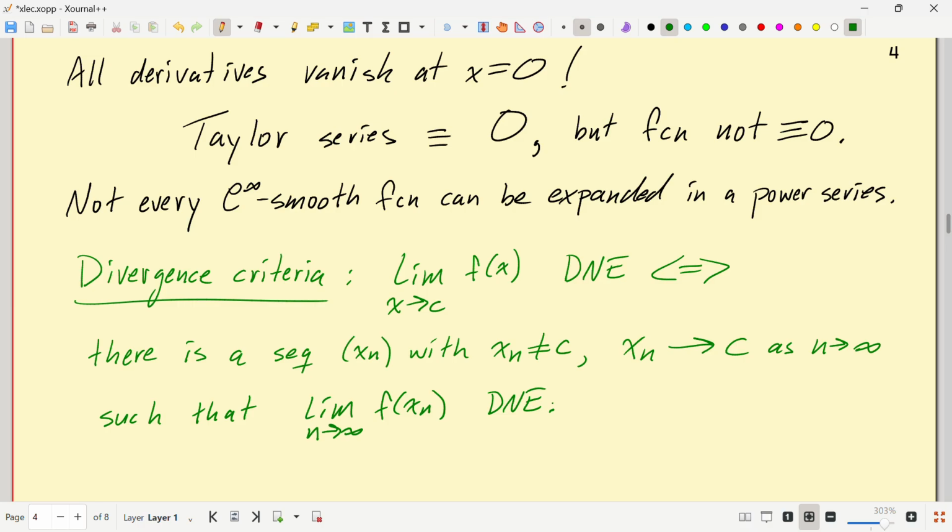Okay, that's easier than trying to negate all the quantifiers in the statement of a limit does exist. So it makes it an easier task.